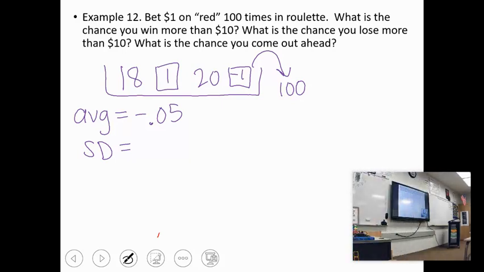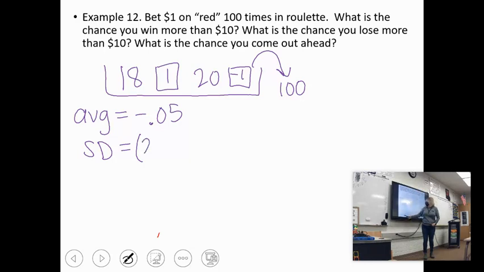I can review the shortcut with you, or I can just tell you. What do you want to do? Wait, the SD should be close to 0.5. I'm pretty sure it should be 0.5, because it would be large number.